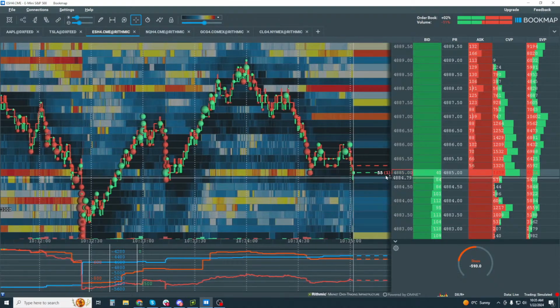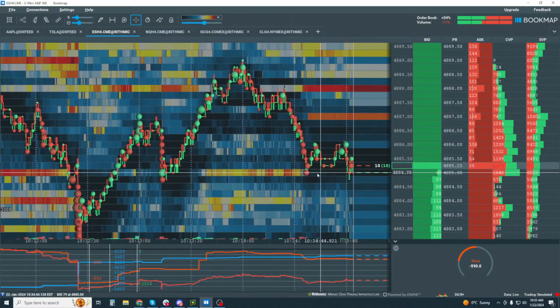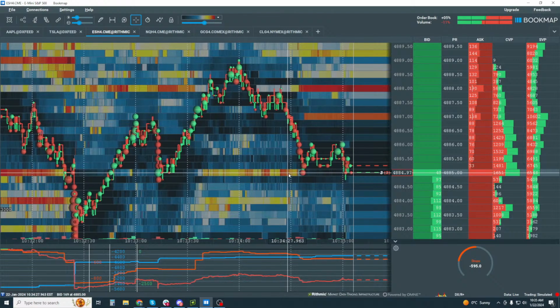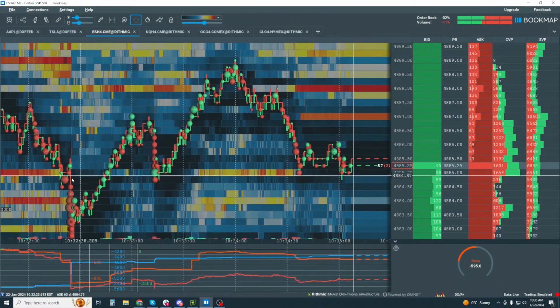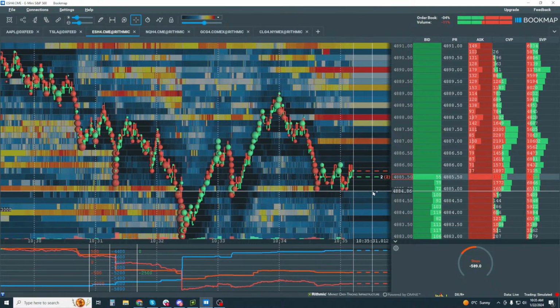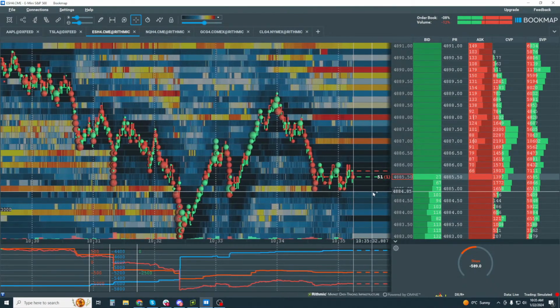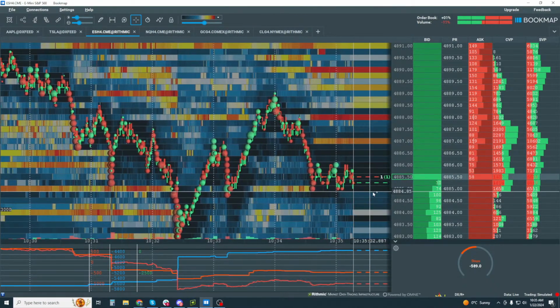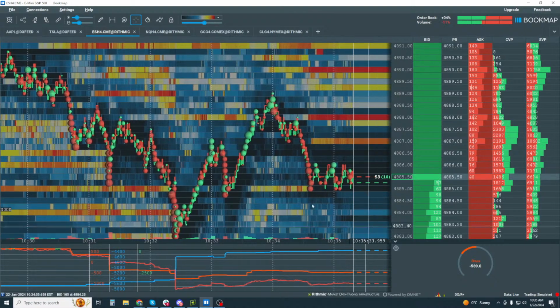Okay, and again, still, let's see what we get here. This can be pretty much do or die in here. Right at this level, this is this kind of pivot level we always look at. Okay, and we're going to see if we get a little bit more on the bid or on the offer here.